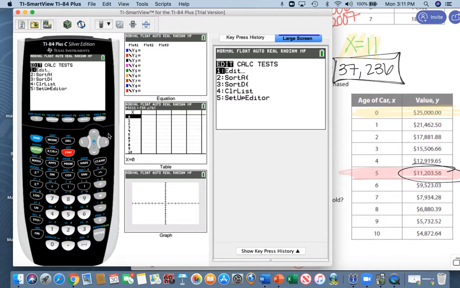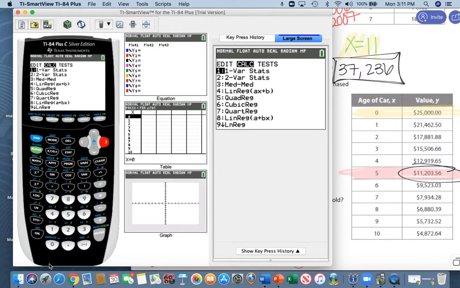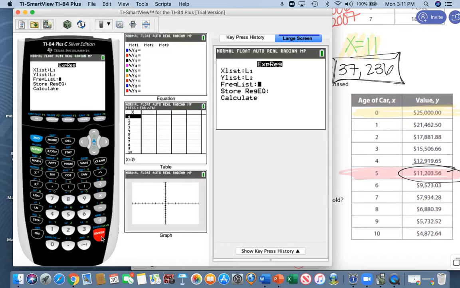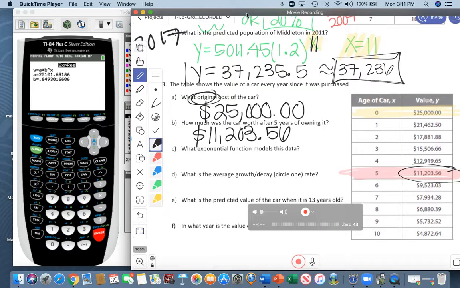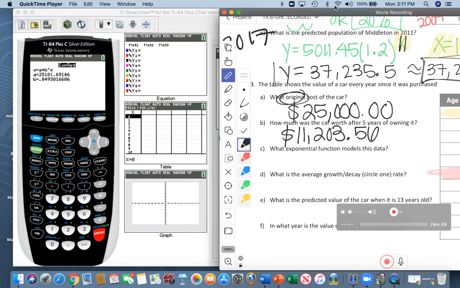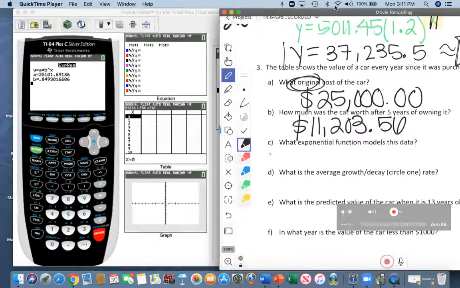Okay, now we go back to stat. Let's try that again. Over to calc, and again it's exponential, so I'm hitting 0. Enter, enter, enter, enter, enter. And I get my A, and I get my B. So I've got y equals A is 25,101.7-ish times, say, 0.85 to the x power.